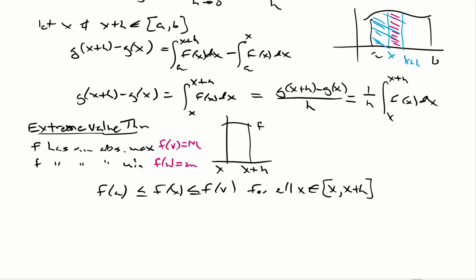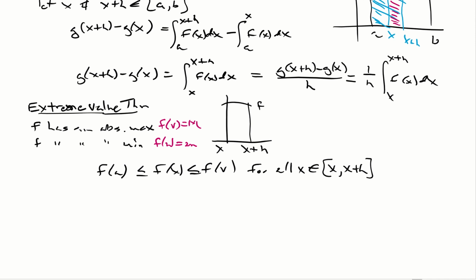Watch out. Here we go. So, therefore, we have property number 8 of the definite integral, which is something we covered in a previous video. It says that if your function is bounded above and below, then you have the following.